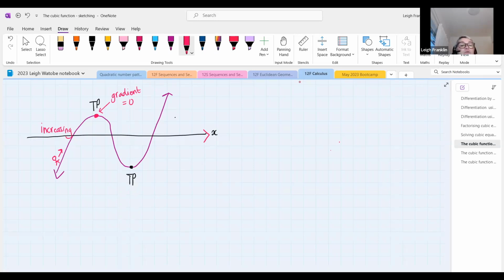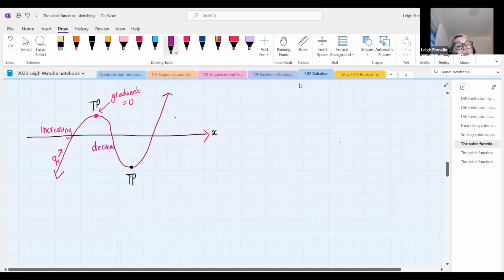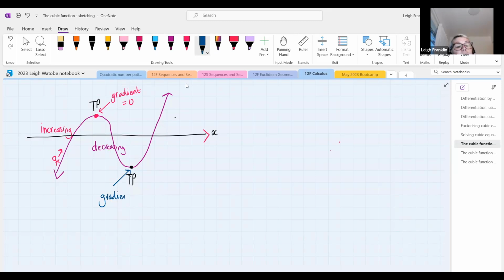After you've moved through your turning point and you're headed towards your other turning point, are you walking uphill or downhill? Are you increasing or decreasing? There we go, Leanne. You are now decreasing. Well done. And again, when you get to this other turning point, your gradient is going to be equal to 0.